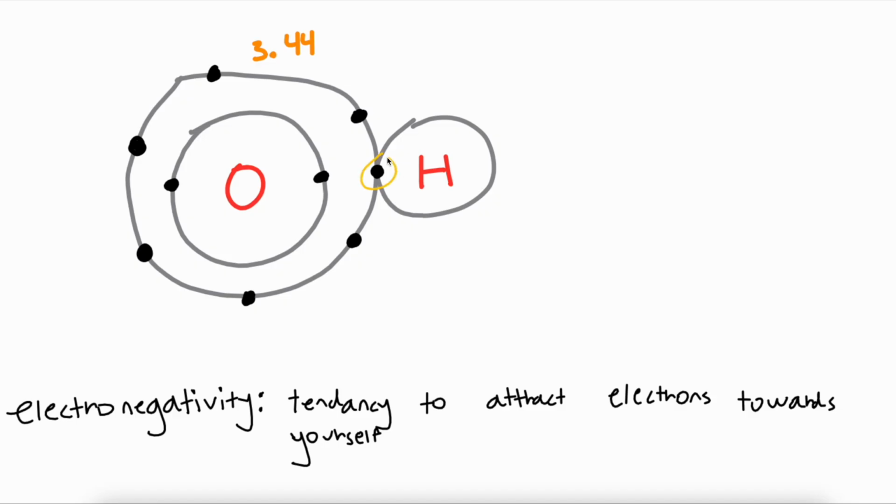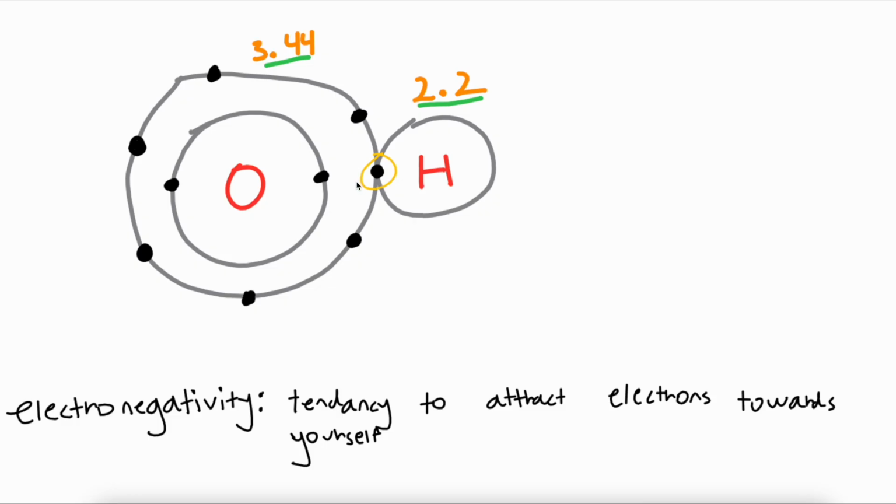Notice how this electron is being shared by both the oxygen and the hydrogen atom. Remember that because oxygen has the greater electronegativity than hydrogen, although the electron is being shared by the oxygen and hydrogen atom, the oxygen atom is actually pulling on the electron more. It has more ownership over the electron.